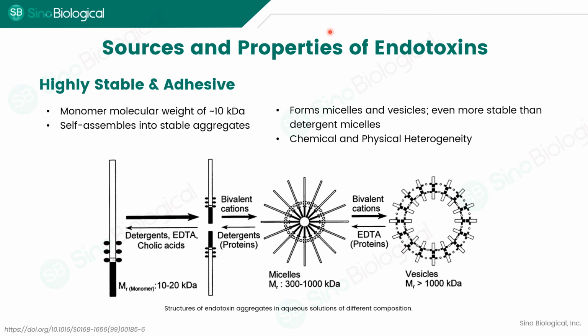Once it forms the aggregates, it's really hard to break them down into monomers, unless you are using very harsh conditions like detergent, Triton, or EDTA, which is not very friendly to your recombinant protein or antibodies. It also has a very heterogeneity in chemical and physical properties.